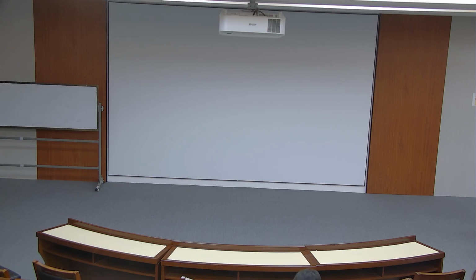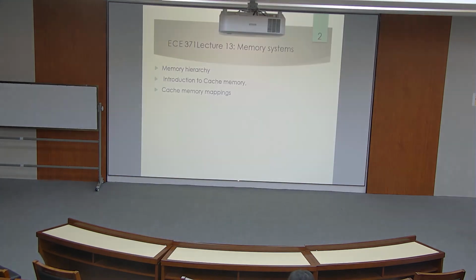Now, if you still remember from our last class, we went through the memory system. We talked about the memory hierarchy starting from registers. Registers are the smallest memory in our computer system, but they are the fastest.